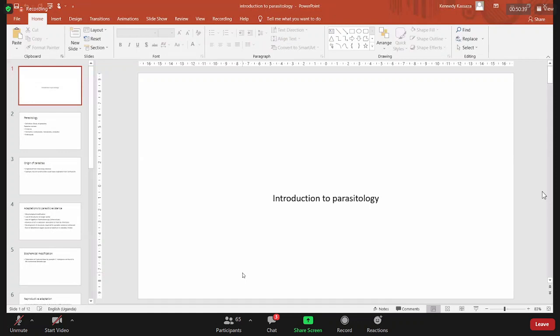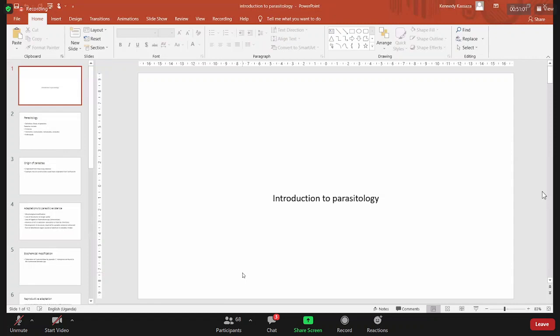We also talked about cellular agents, also known as microorganisms, and these include the protozoa, fungi, helminths, also known as worms, and then arthropods.